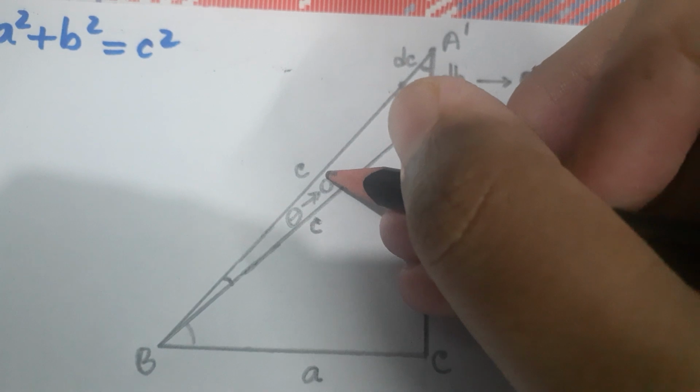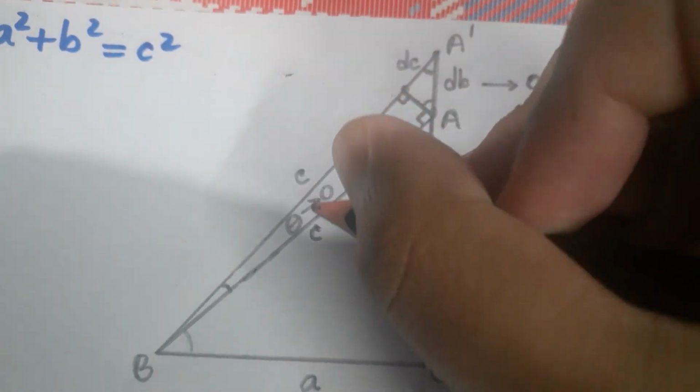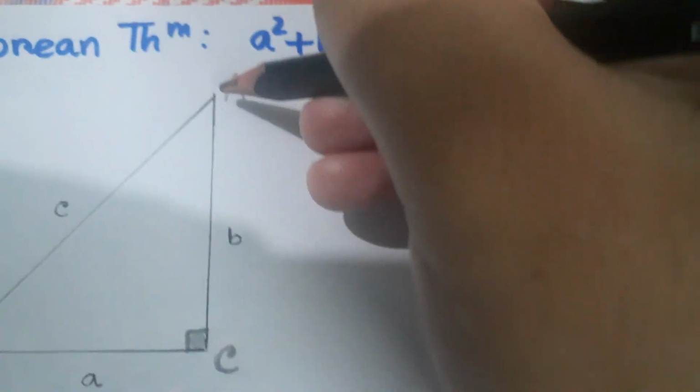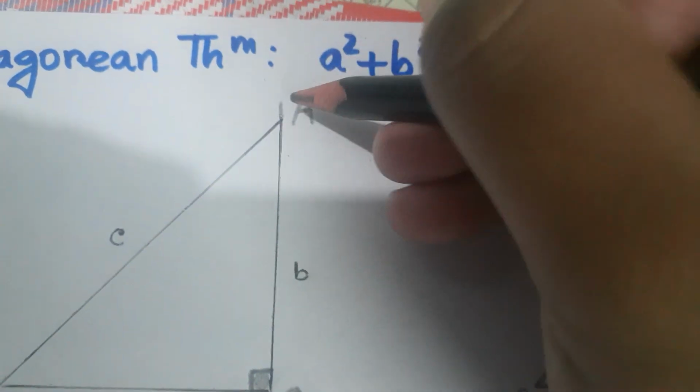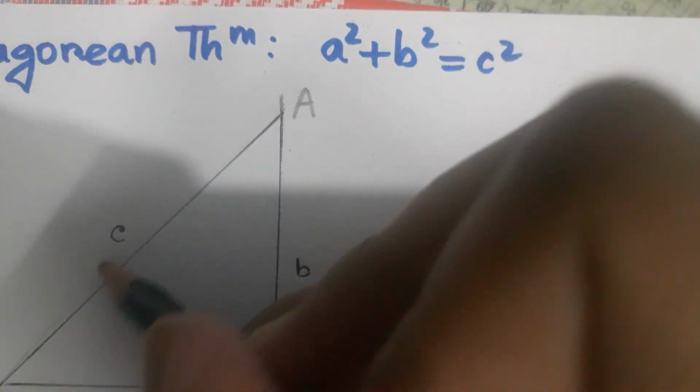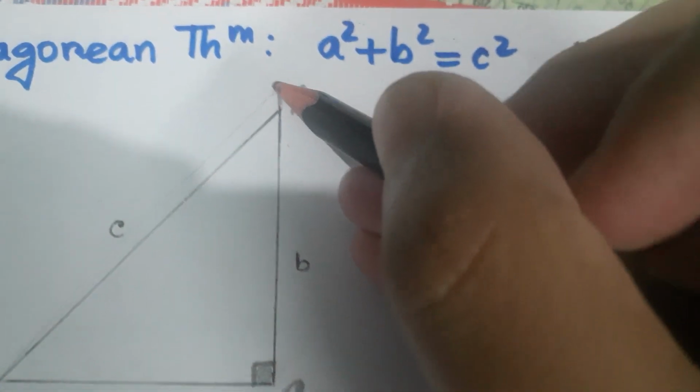This angle tends to be 0 degrees. We just extended the length b a bit, and then we connected this here.